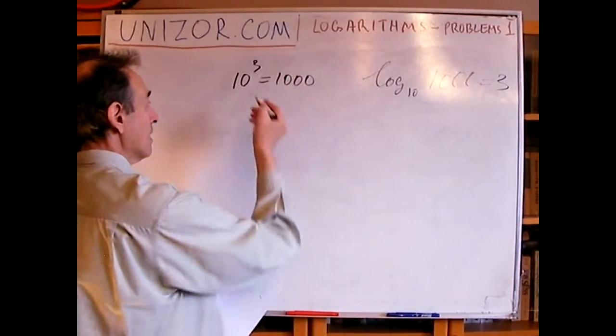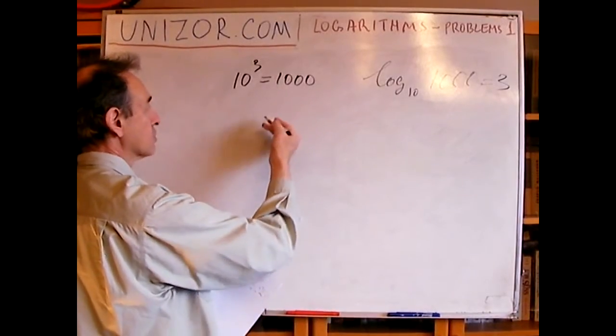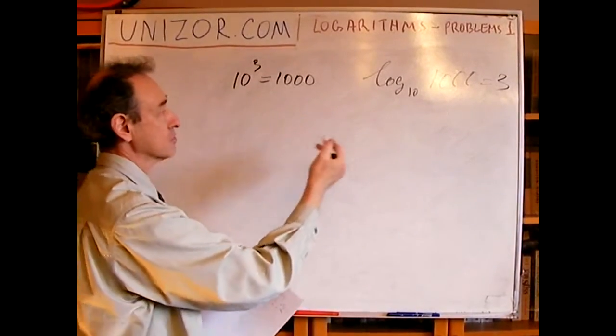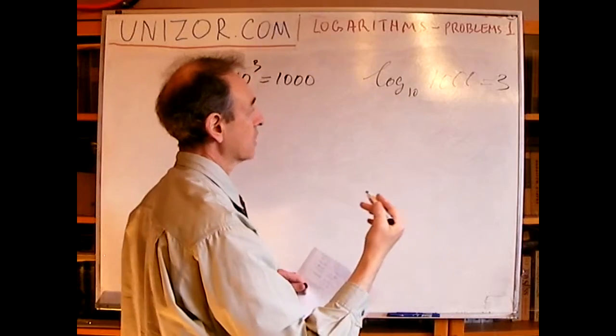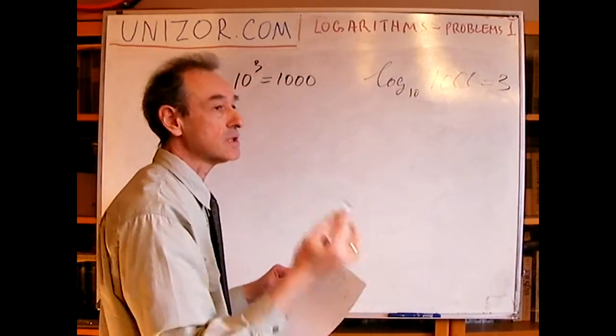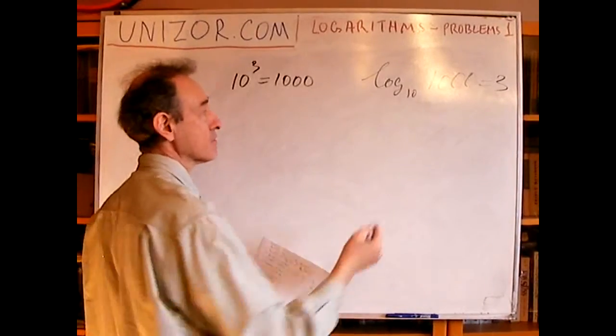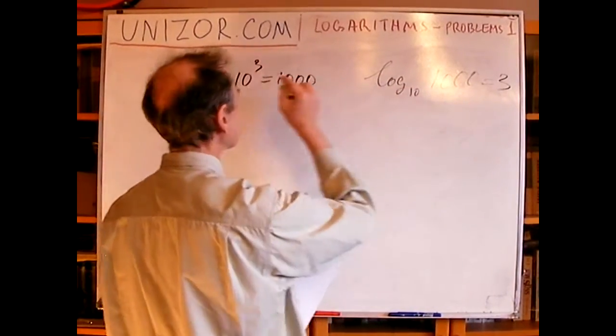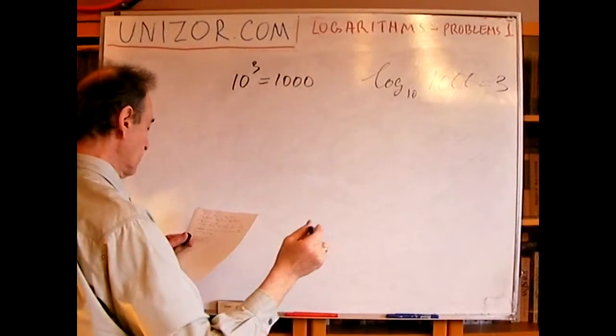That's what it means. This is exactly the same expression written differently, using the logarithm. The meaning of this notation is exactly the same as the meaning of that notation.